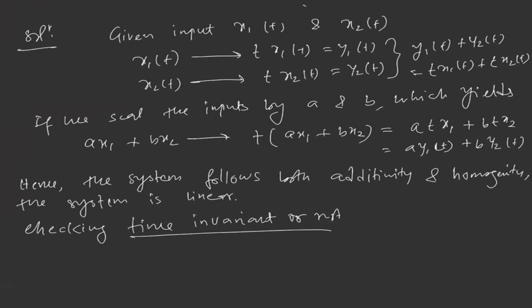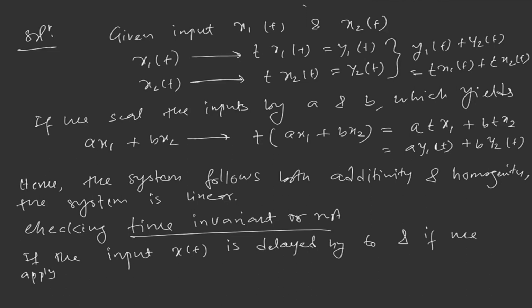Here, if the input x(t) is delayed by t naught, and we apply this to the system, we have x(t - t0).